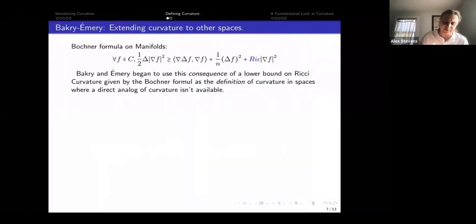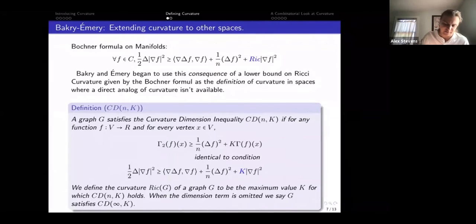So Bakry and Émery decided, let's use this consequence of a lower bound on curvature as the definition of curvature in spaces where curvature is hard to define. That's what we're going to do here. A graph is going to satisfy this curvature dimension inequality if this is true. If you rewrite things in a way that's more natural in the manifold setting, you'll see the condition is exactly the same.